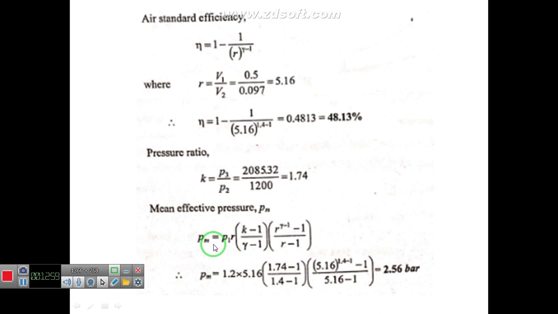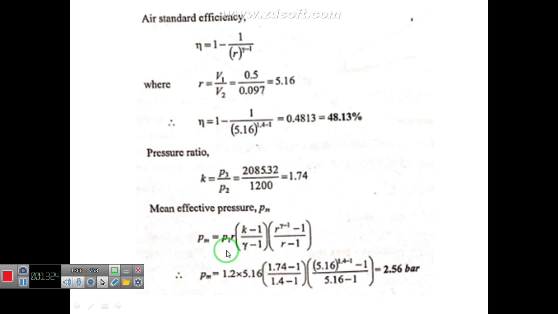Last, we find the mean effective pressure. We need the mean effective pressure formula, which has P1, r the compression ratio, K the pressure ratio, and gamma, known as 1.4. All the values are found, so we can finally find the mean effective pressure.